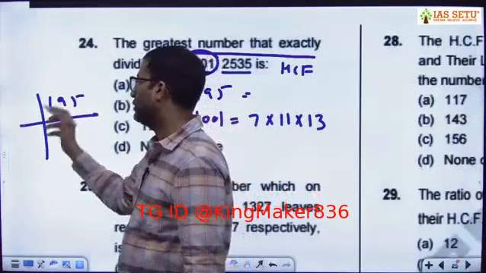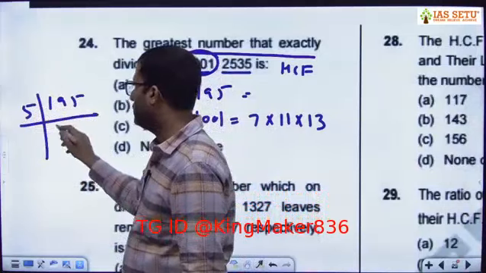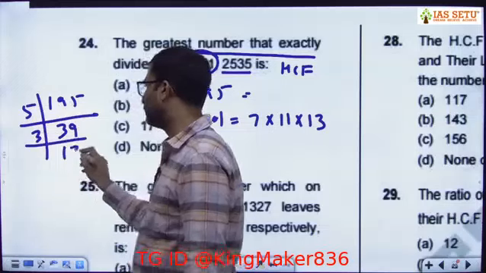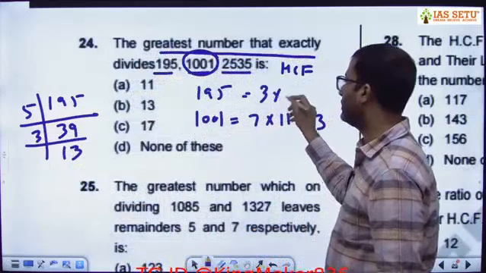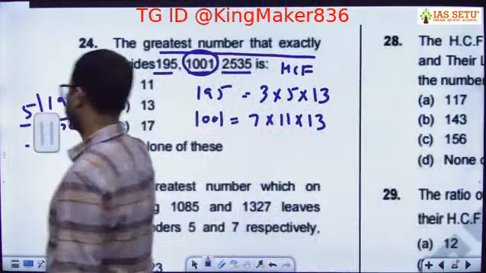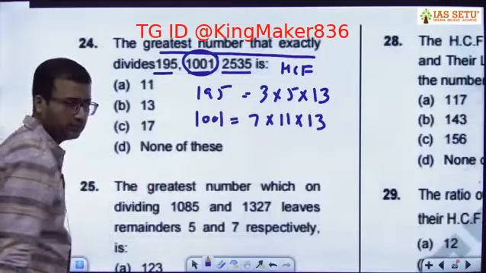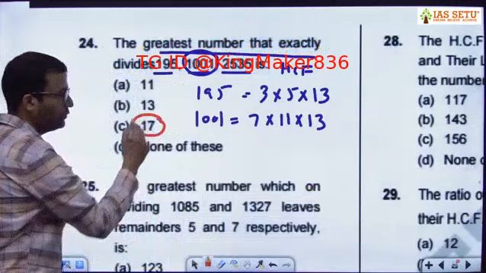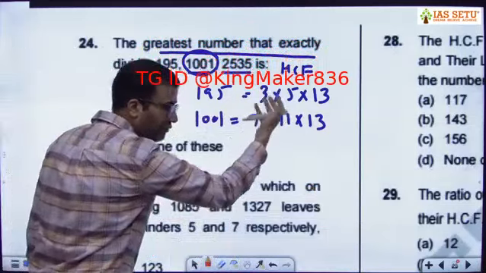195. ठीक है, you take 5 common. 5 3s are 15, 39. 3 common 13, so it is 3 into 5 into 13. Now answer option. Can you mark 17 as an answer option? 17 is not a factor of first, second number.